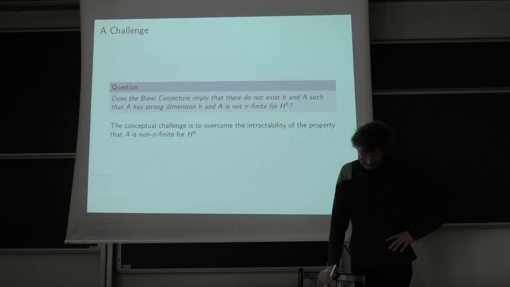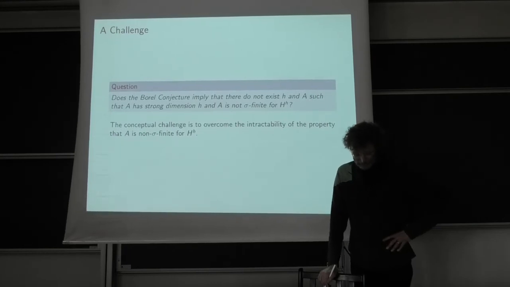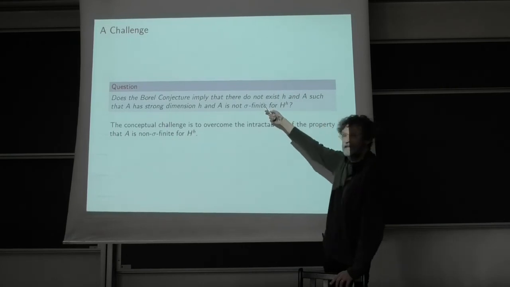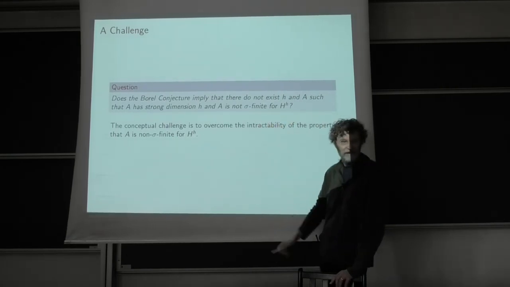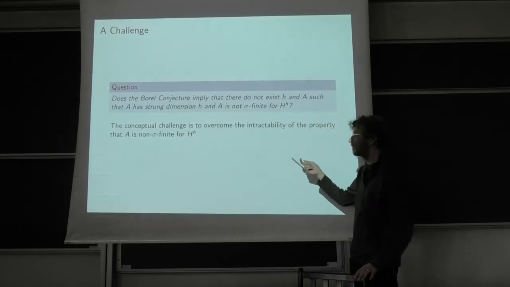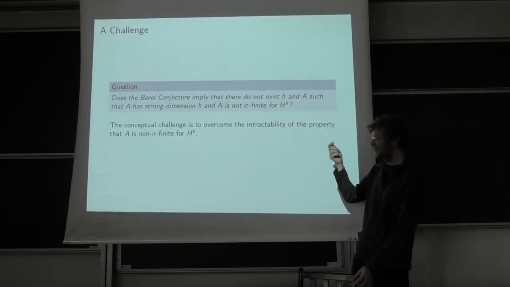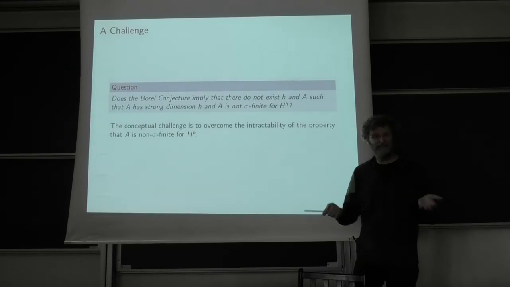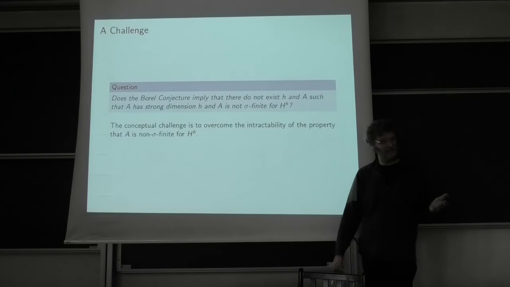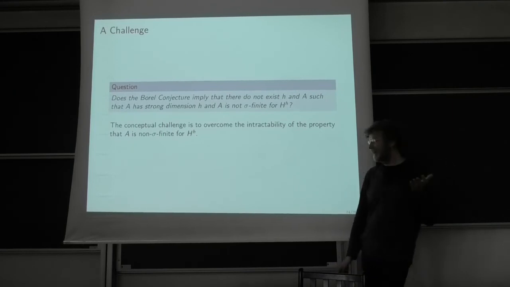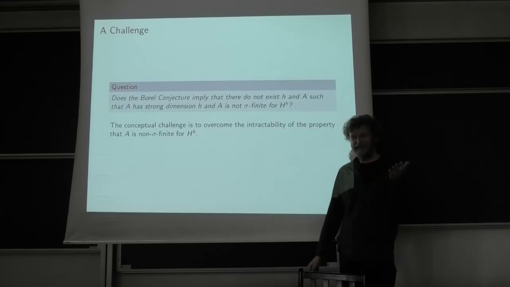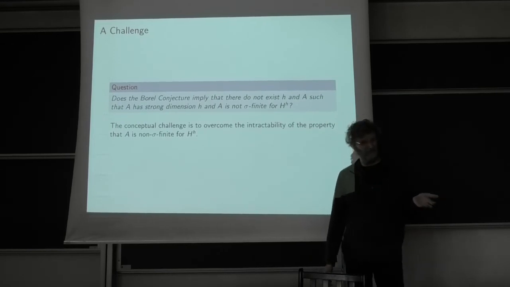So the problem in analyzing this issue and trying to settle that question is the intractability. It's difficult to work with sets that have non-sigma finite measure. What does it mean to have non-sigma finite measure?